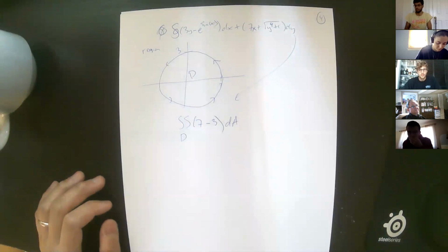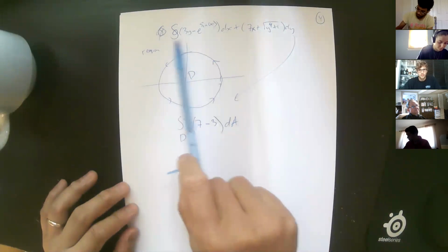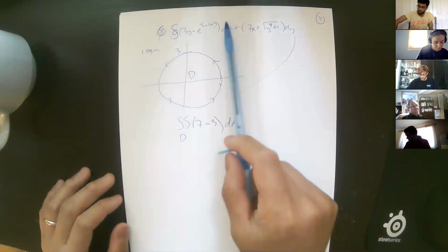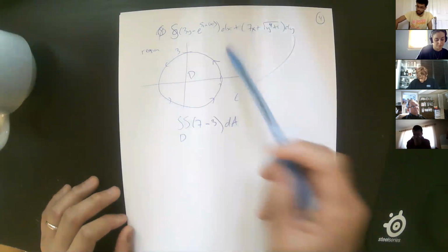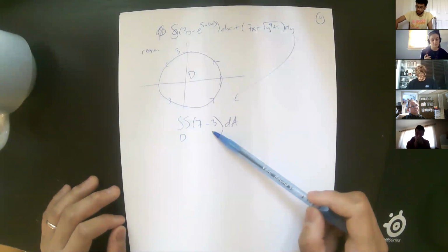So I took this extremely hideous integral. I have zero chance of computing this integral, even over this really nice curve. But at the cost of an extra integral sign, I instead integrate a really easy function. This function is 4.